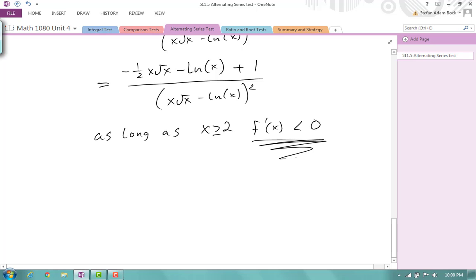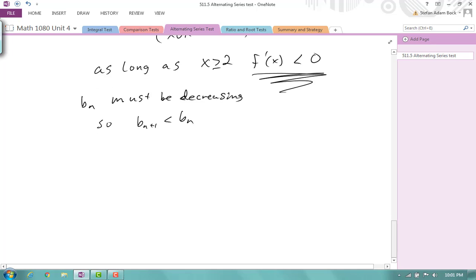And that's exactly what I need, which means if my function is consistently decreasing, then my associated sequence, b sub n, must be decreasing as well. So I've satisfied both conditions of my alternating series test, which means that my series must converge to something.